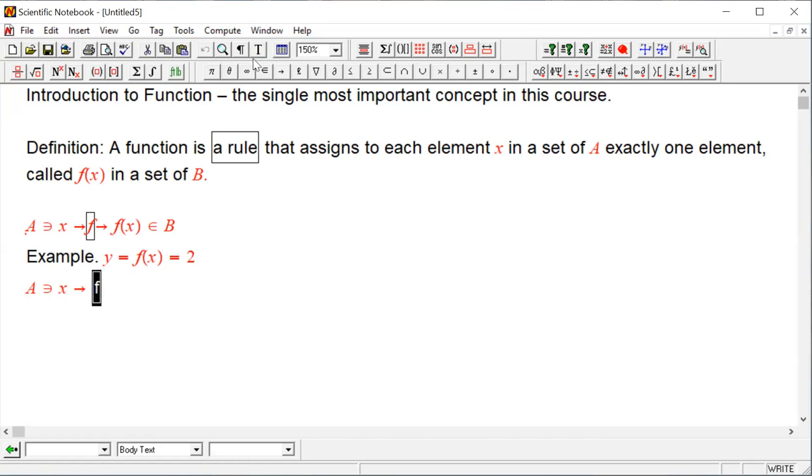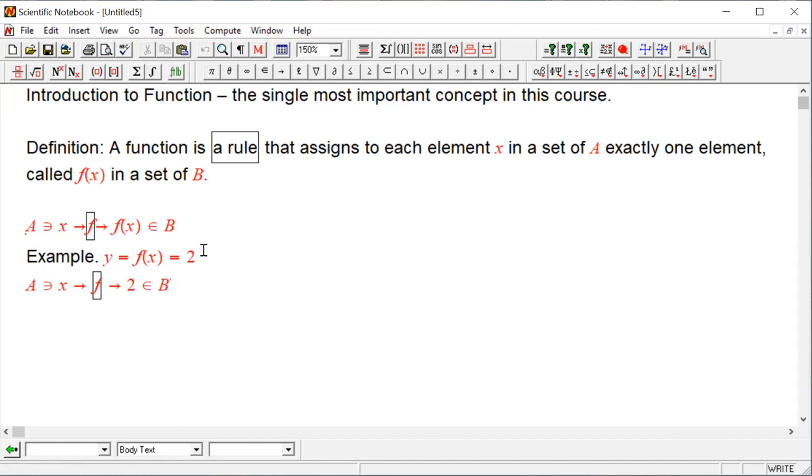What does it produce? This rule says every output is going to be 2. For each input, the output is going to be 2. The question is, what number can be qualified as input? And 2, of course, belongs to the set B.